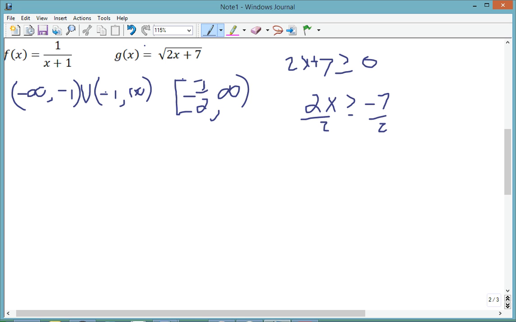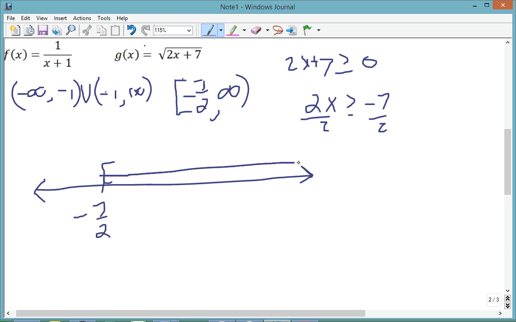Okay, so let's look at where the intersection is, because they both have to be true. We go from -7/2 up to infinity for g, and for x we have everything up to -1 and everything after that, right?